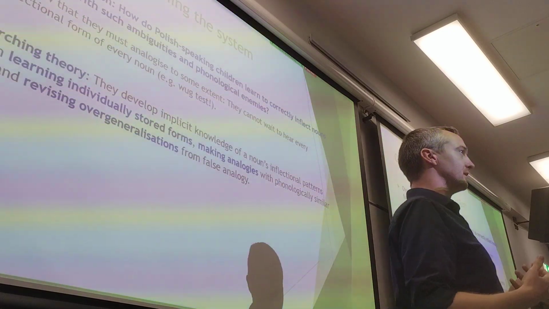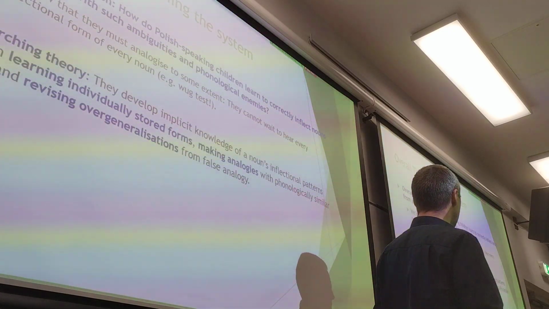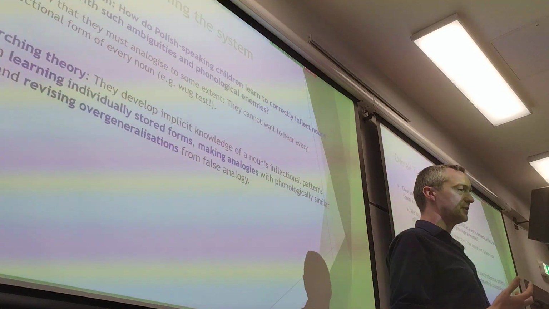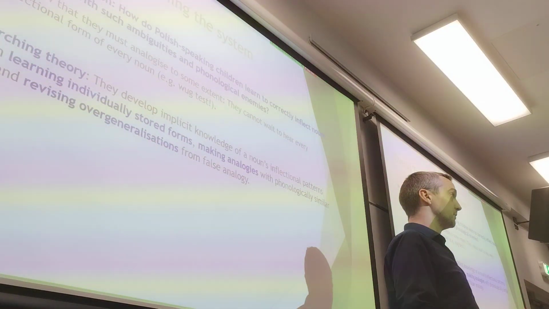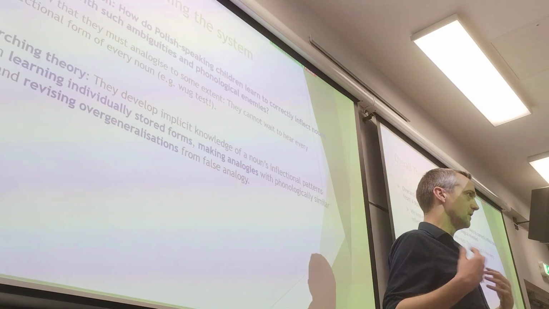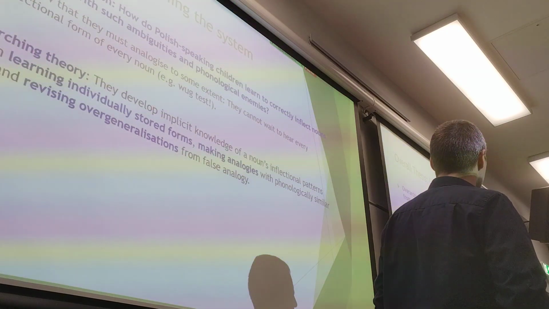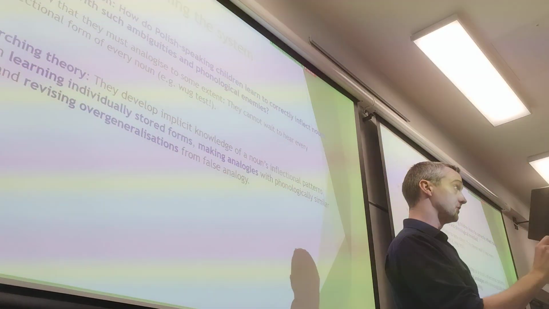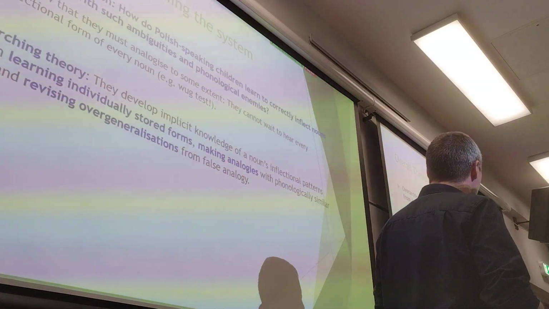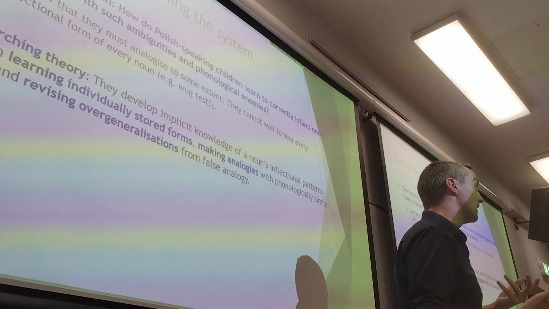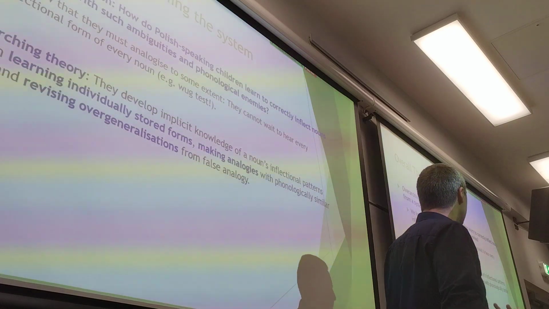The overarching linguistic theory that we're starting with is that children develop some implicit knowledge through their experience with the language. They're not born with any kind of linguistic rules as such. So they learn forms by rote at the beginning. Then they start to make analogies, if they have to produce a certain form of a word that they've not actually heard before.